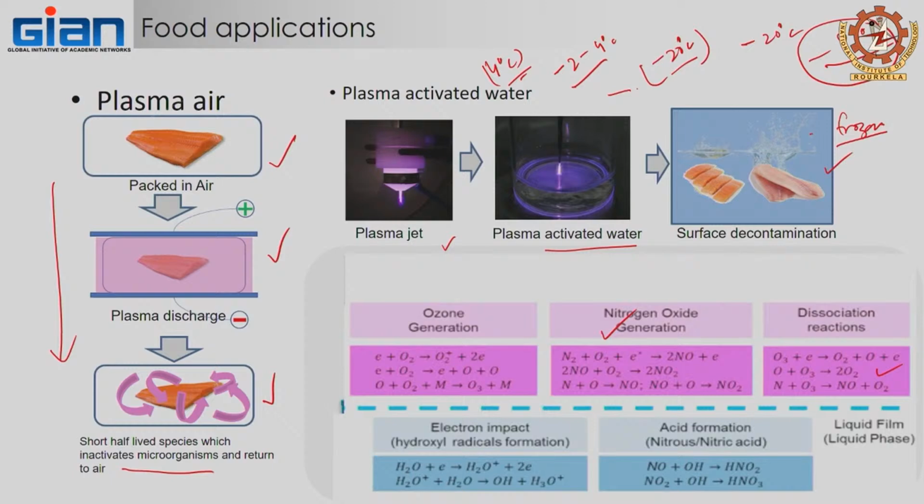Now, what happens? The reactive species. If you have oxygen, it generates ozone species. If you have nitrogen in combination with oxygen, you get a lot of nitrogen species, nitrates and nitrites, and remember nitrates and nitrites are also forms of fertilizer which are used by plants. There was a question about chemical fertilizer.